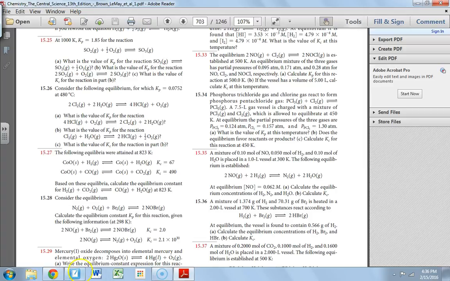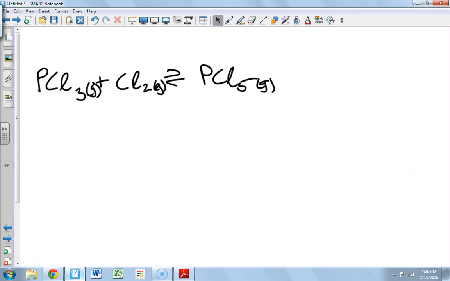Let me tell you one of the basic principles that I believe in. After you get through the initial stuff with equilibrium, there are two types of problems: either find the constant or find the conditions.